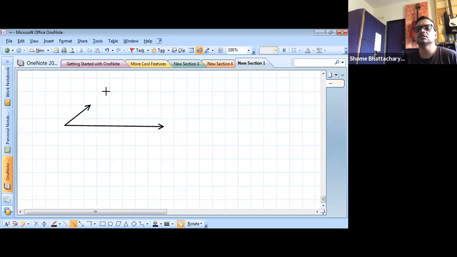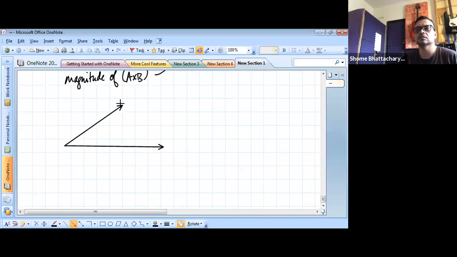If you visualize any two non-collinear vectors, A and B, such that the angle between them is theta, then you'll see that this altitude is nothing but B sine theta, and A is nothing but this.